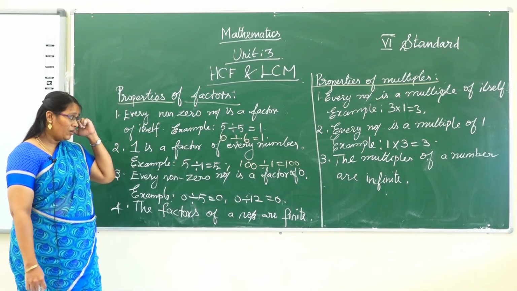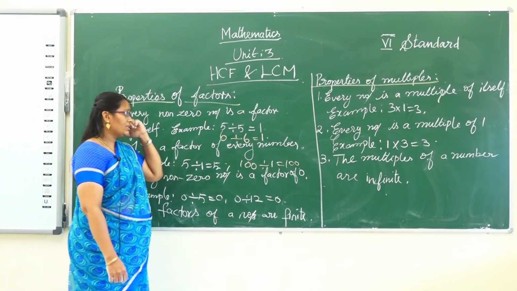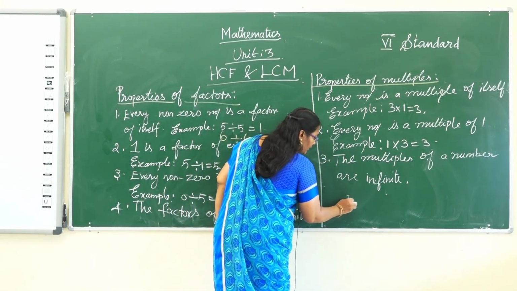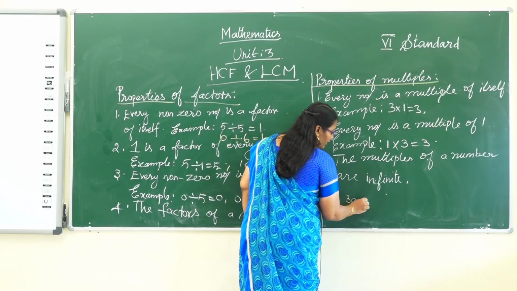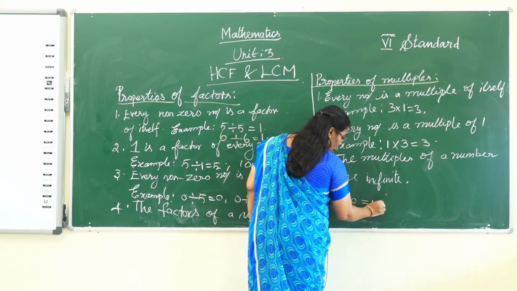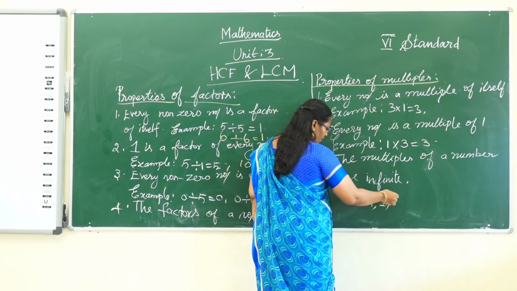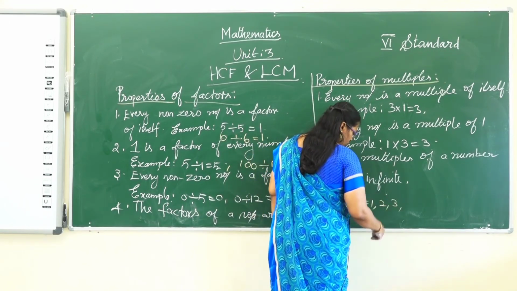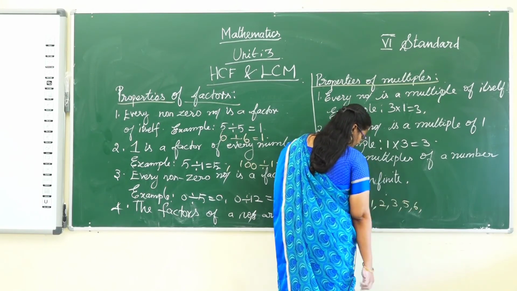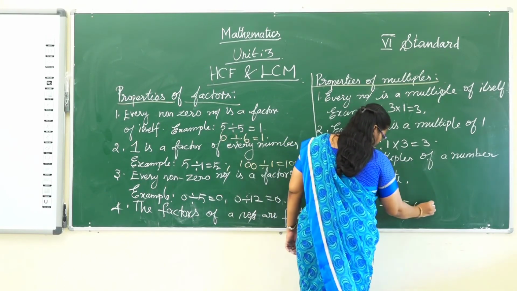The factors of a number are always finite. For example, write the factors of 30. 1 divides it, then 2, 3, 4 is not possible, then 5, 6, and finally 30.